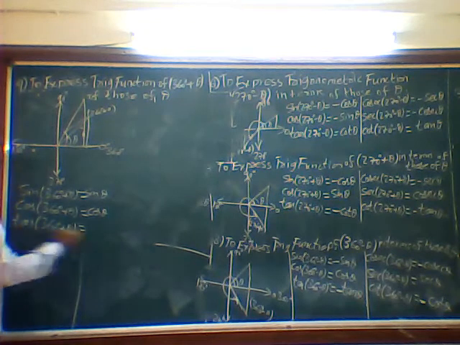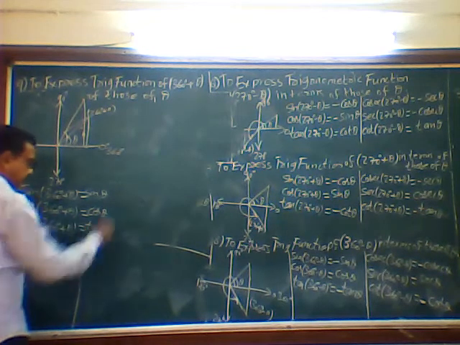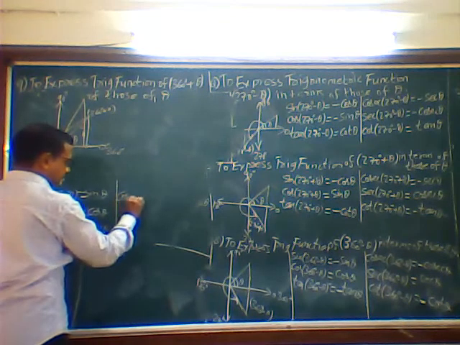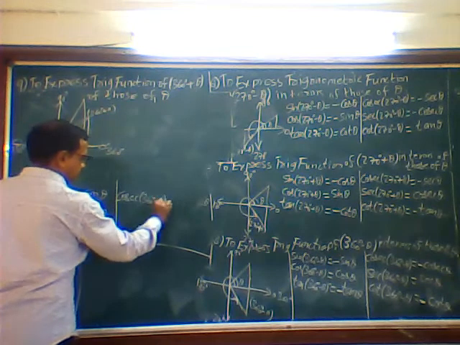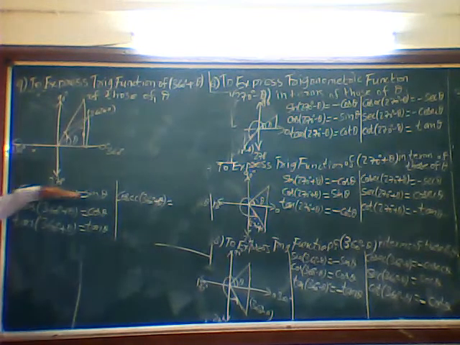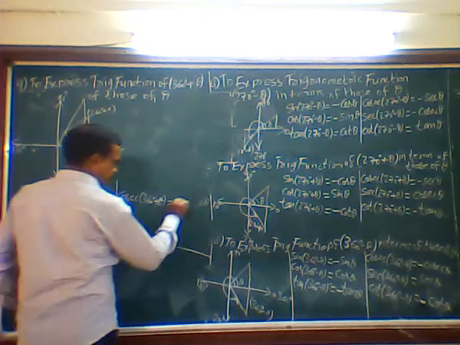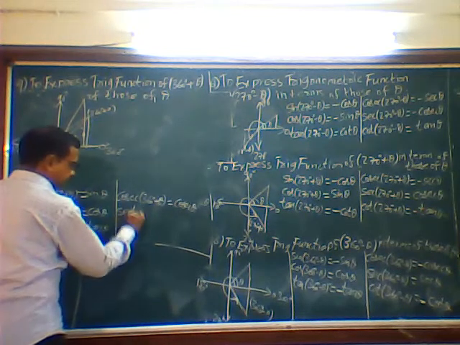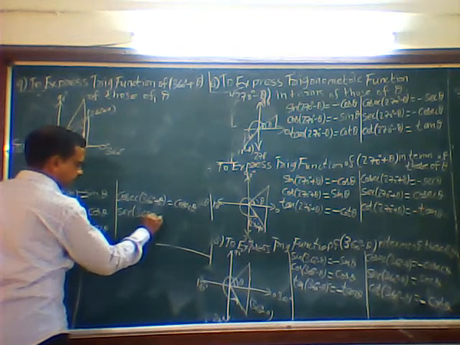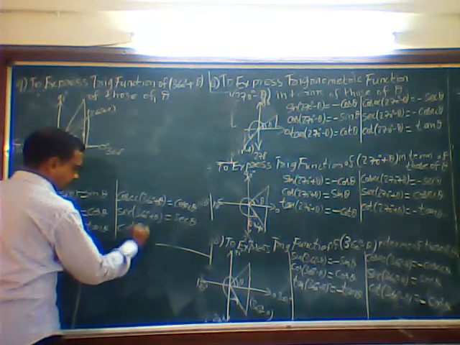Since the angle lies on the x-axis, the ratio remains the same. And next cosec. Again first quadrant, positive. Since it lies on the x-axis, the ratio remains the same, cosec theta. Next sec, also the same, sec theta. Cot, again the same.